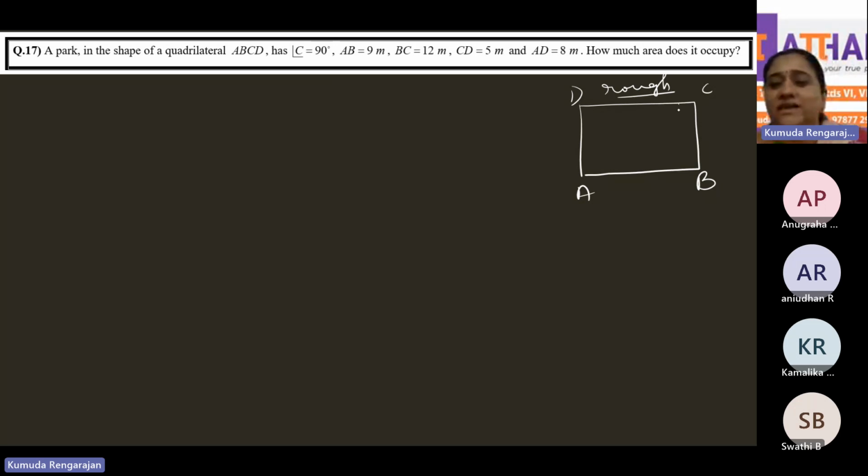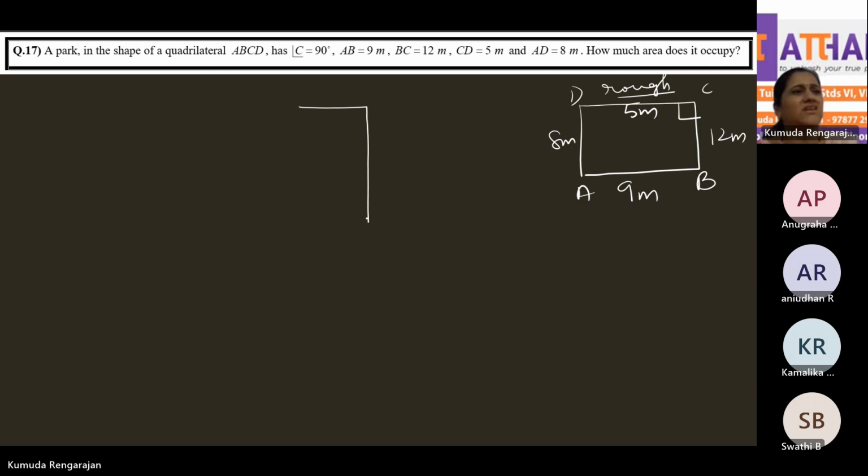Okay, so angle C is 90 degrees. So this is 90. AB is 9 meters. BC is 12 meters. CD is 5 meters. And this one is 8 meters. All right. C is 90 degrees, so be careful. And 5 and 12, no? So do you think you can draw it like this, 5 small and 12 big? It's a rough figure.